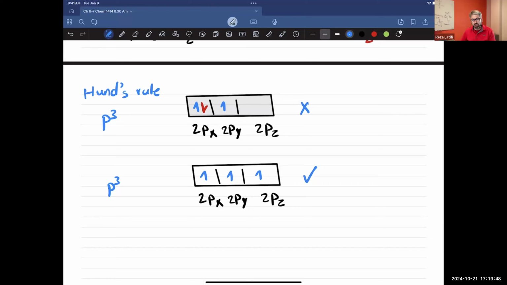And the logic for it is that electrons come with negative charges. Two particles with the same charge will repel each other. So why on earth do you want to force them to be in one orbital?